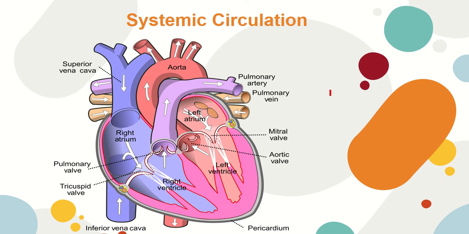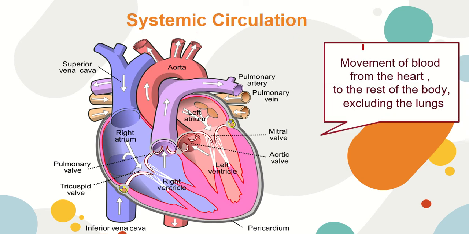So doon, magpapalit ng gas from carbon dioxide to oxygen. Therefore, from the lungs, when we say systemic circulation, it's the movement of blood from the heart to the rest of the body, excluding the lungs.